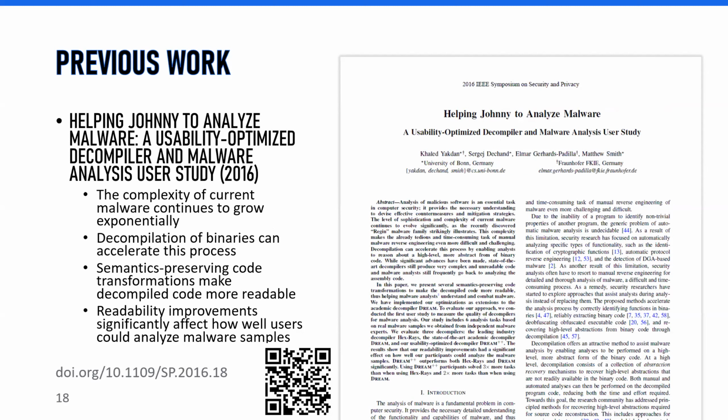And finally, Helping Johnny to Analyze Malware, where the authors created an add-on for popular decompilation programs such as IDA Pro and Dream that improved the comprehensibility of their output and made the analysis more accessible to people who are not as experienced in malware analysis, like me.